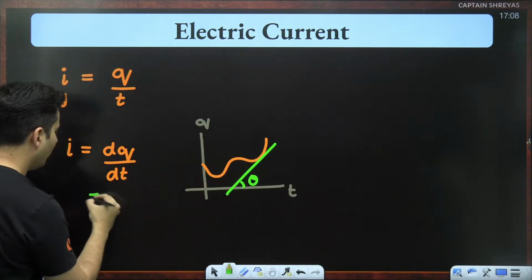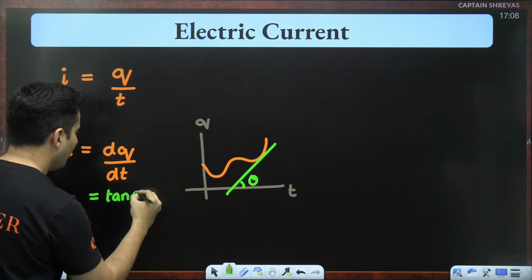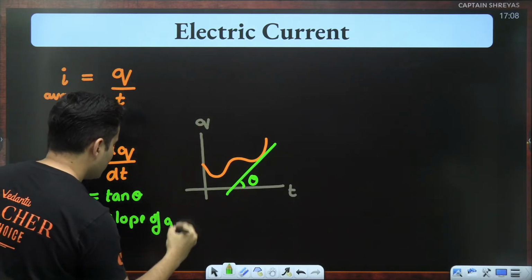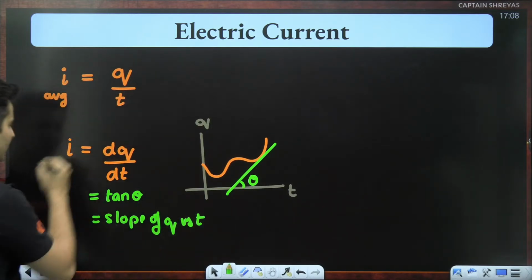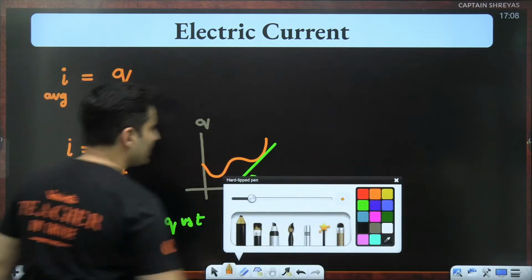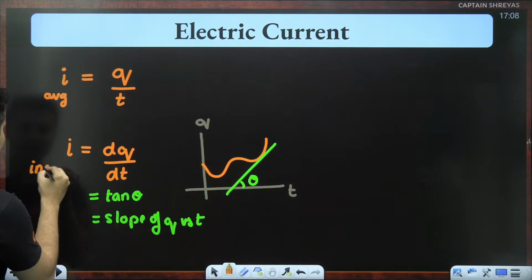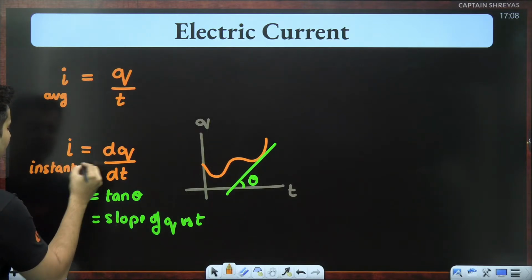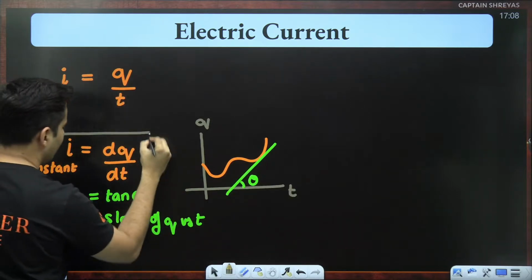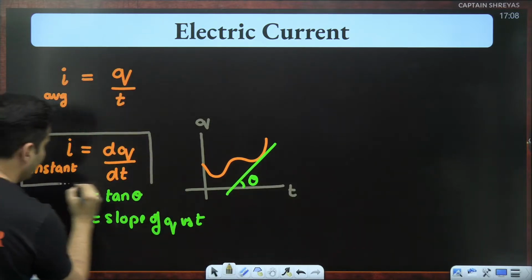So the slope of this graph, which is nothing but the slope of the charge versus time, gives you the electrical current at that instant. So this is nothing but your instantaneous current. So all these are pretty much simple definitions.